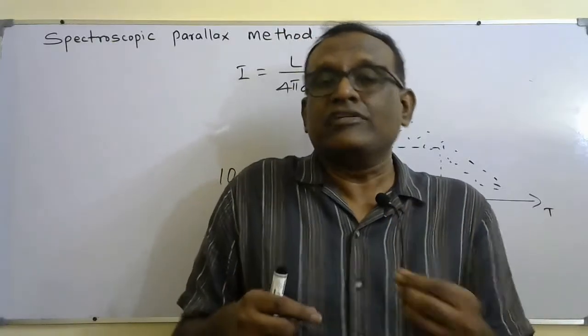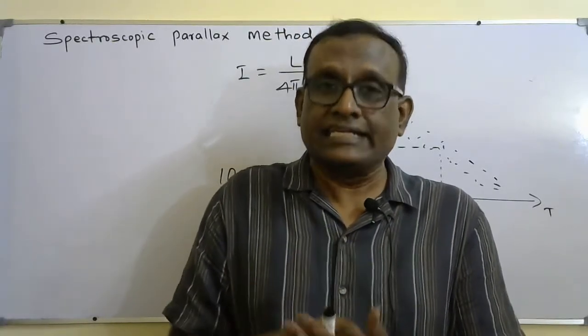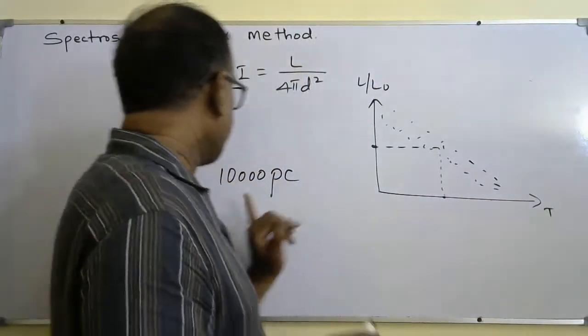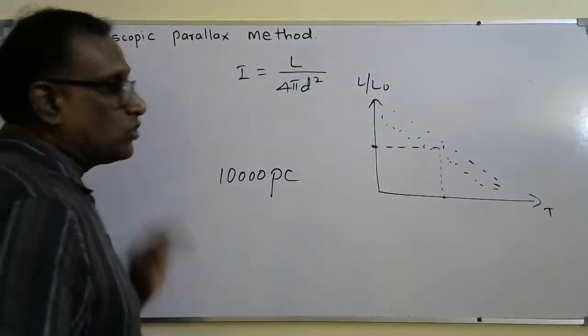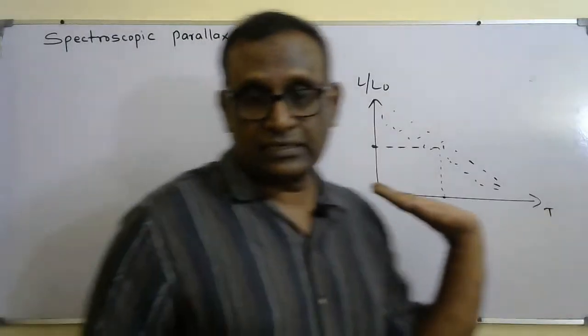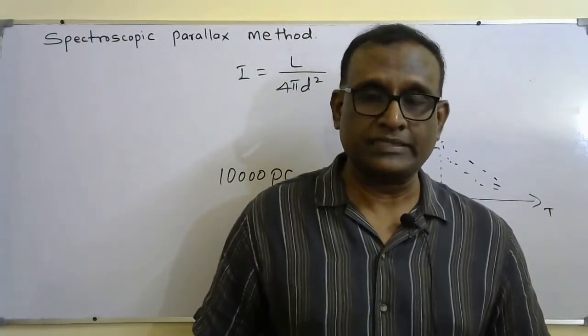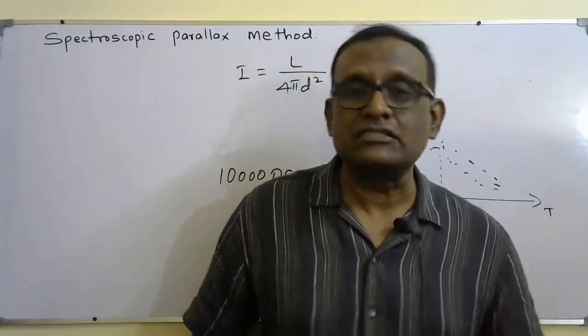There will be difficulty in identifying the most intense radiation when the distance of the star becomes more than 10,000 parsec. So when the distance is more than 10,000 parsec, we can't use the spectroscopic parallax method. We need to go for the next method.